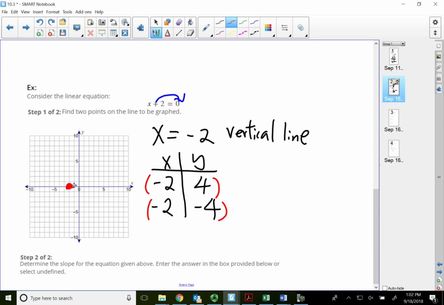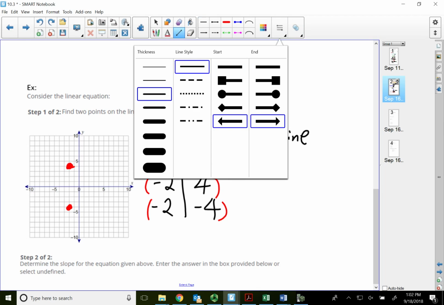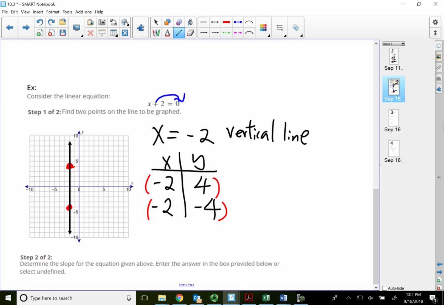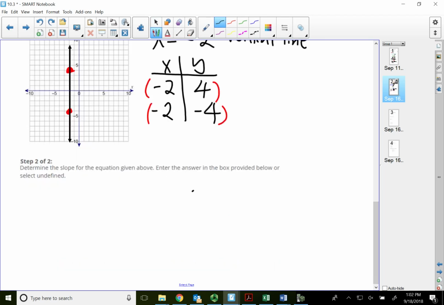That will be about right here. All right. So let's see, negative 2, negative 4, to the left 2 and down 4. That will be about right here. With the 2 points on top of one another, connect them with the line. So we've got ourselves a vertical line. There you go. So the slope for a vertical line is always going to be undefined. That's something we memorize.